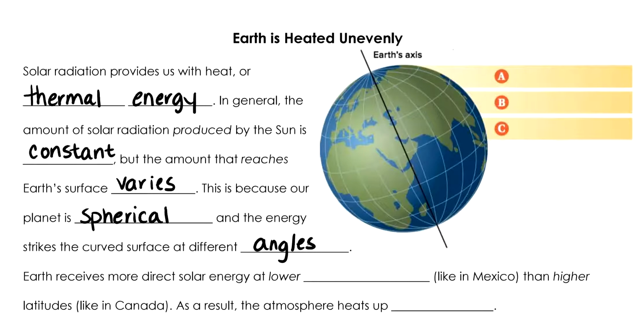Earth receives much more direct solar energy at lower latitudes, like in Mexico. As a result, the atmosphere heats up unevenly. In region A on the diagram, we have sunlight scattered over a large area with less intensity, so this is called diffuse warming.